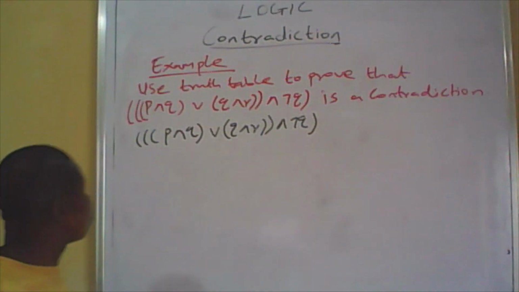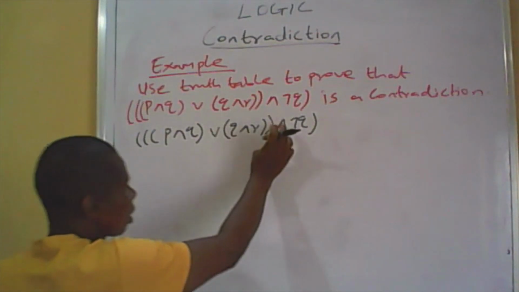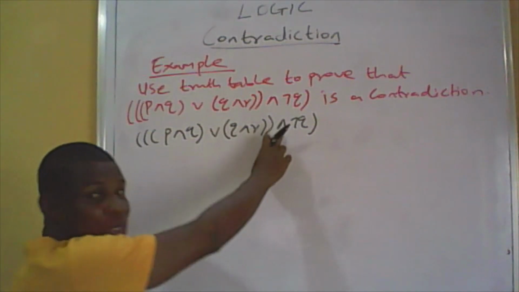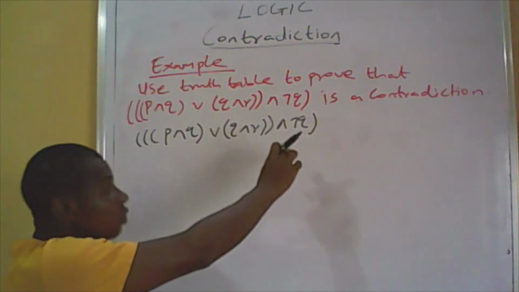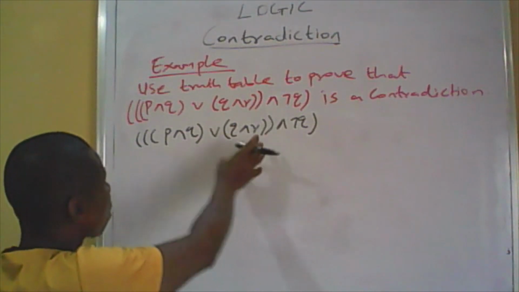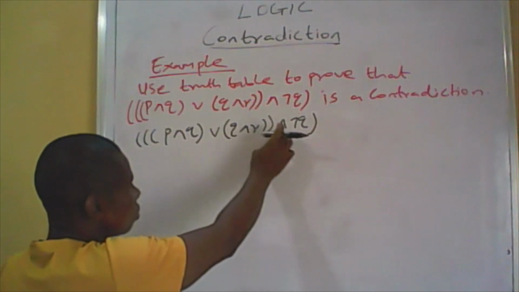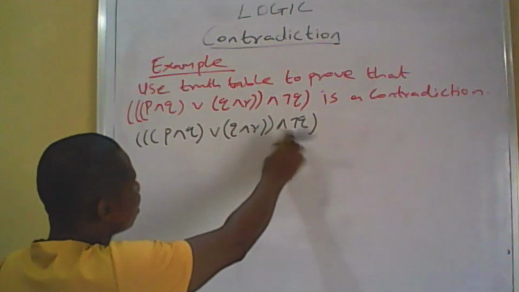Now, if you remove the outer brackets, you know that this and connective, that means conjunctive connective, is what combines these statements as a statement form.